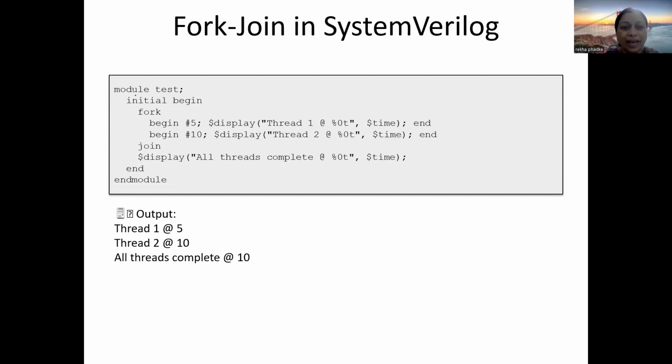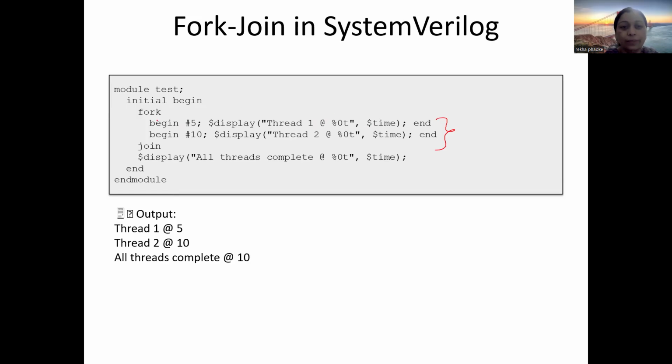For example, here I have written a module by name test, and inside there is a process inside initial begin. So it's fork and join, and in between I have two statements, wherein one statement starts after #5, 5-time scale. That displays thread 1 at %t $time.